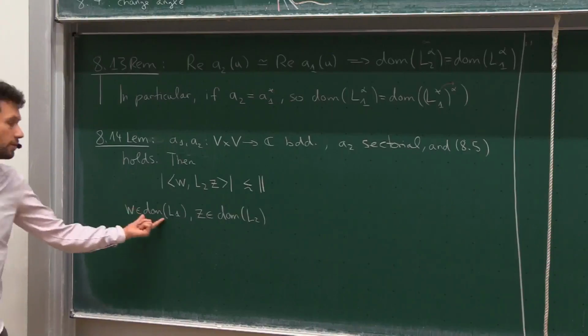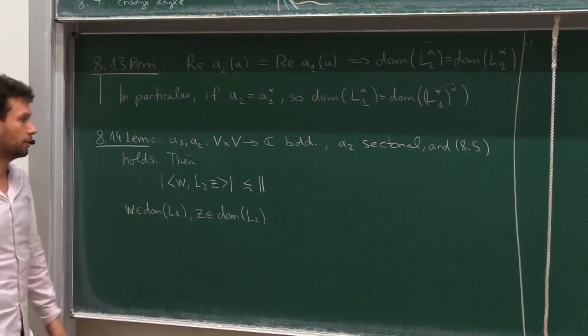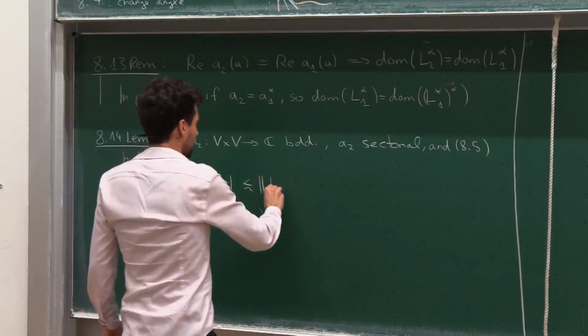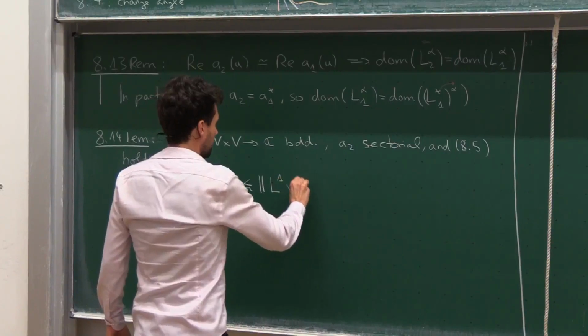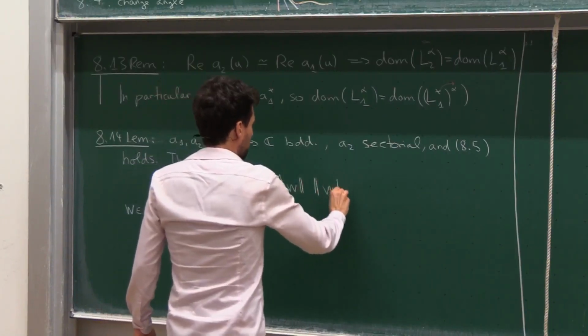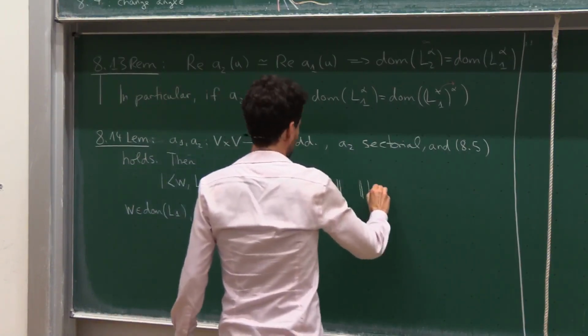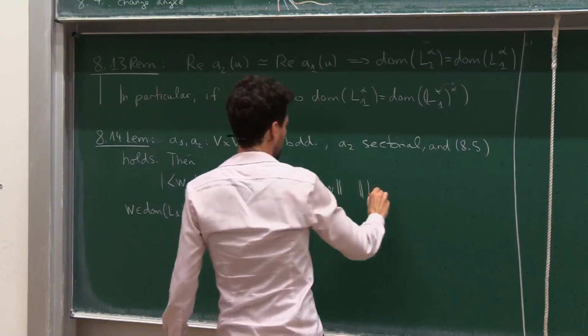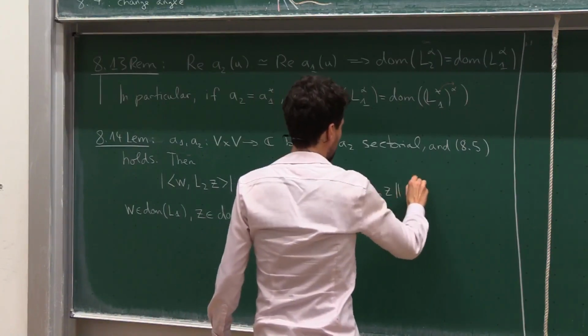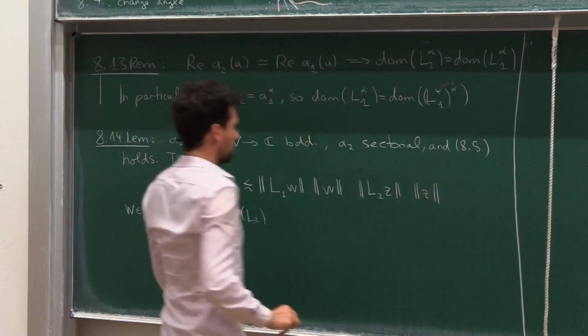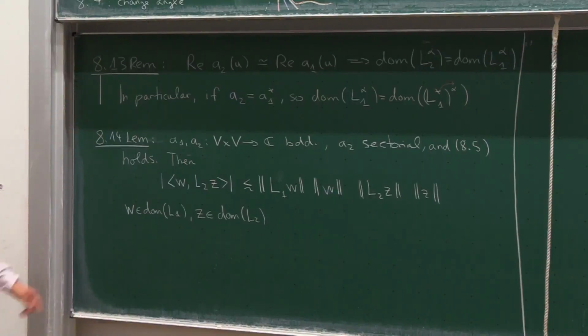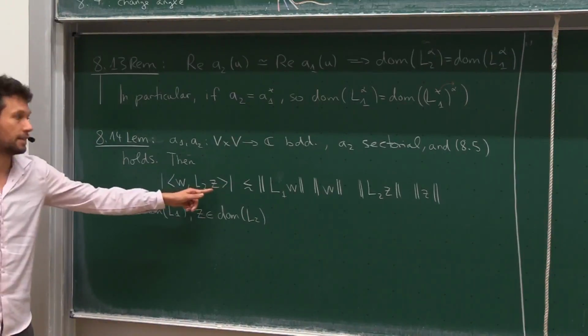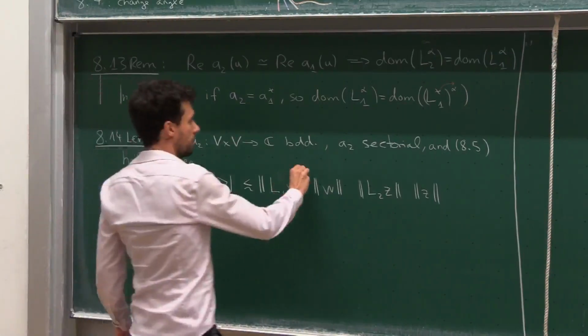But I want to use also the information that W is in the domain of L1, and so the claim is I can do the following. I get all 4 norms, L1, L2, W, Z. Okay, and then you can guess the homogeneity. This is linear in W and in Z, so I should put square roots everywhere.